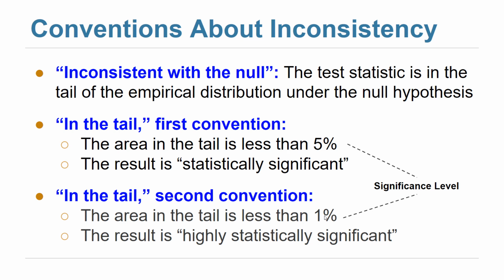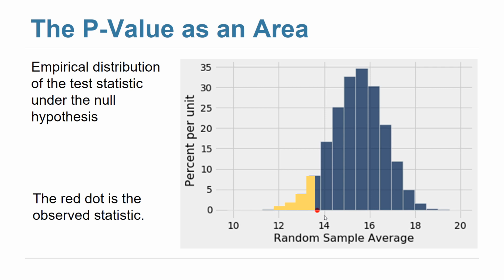Remember, the p-value is the area of the tail at or below or further in the direction of the alternative with the observed value. So you have to report the significance level, you have to report the p-value, you have to report the observed statistic, and you have to show the distribution, the empirical distribution.